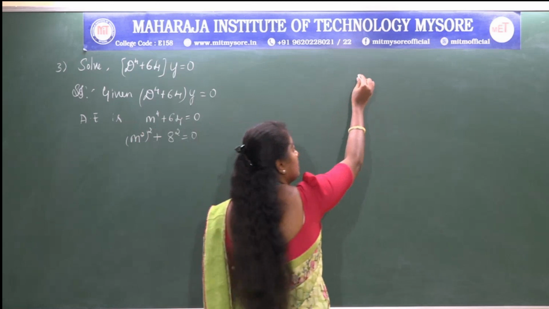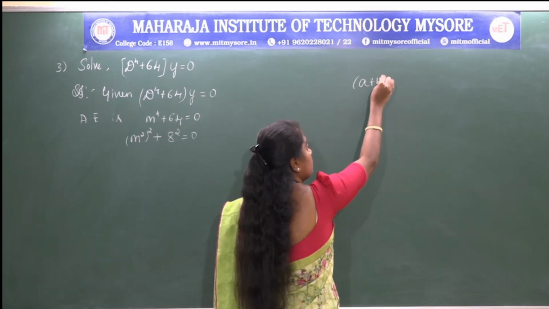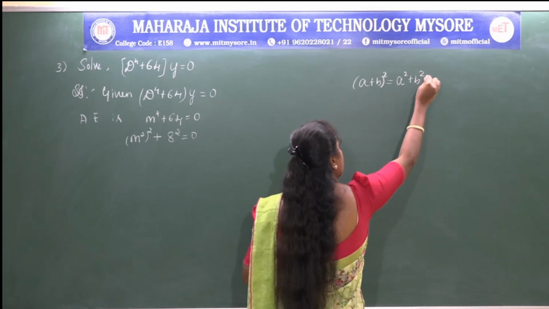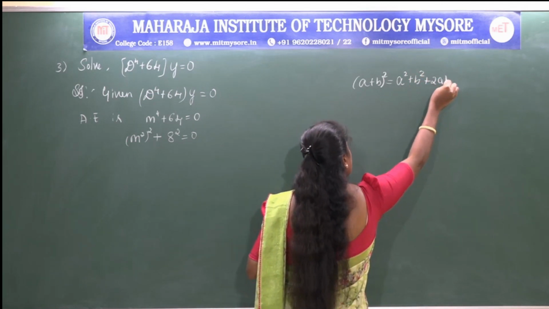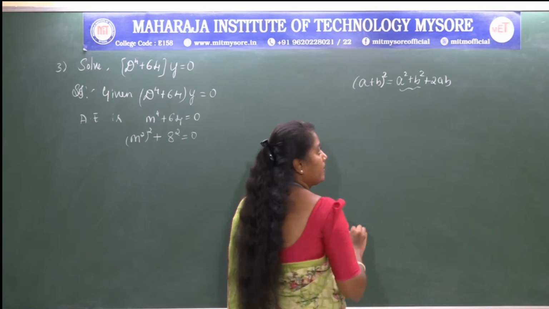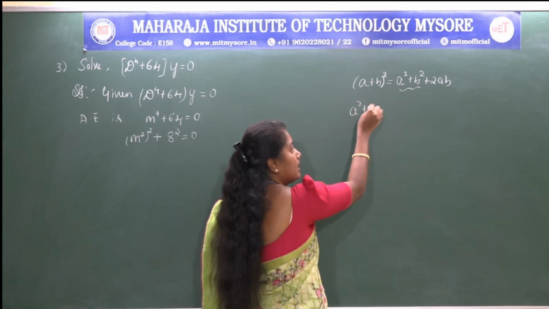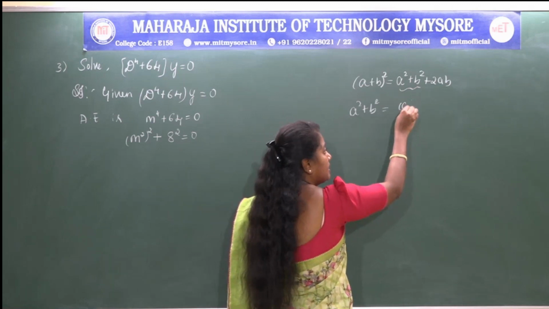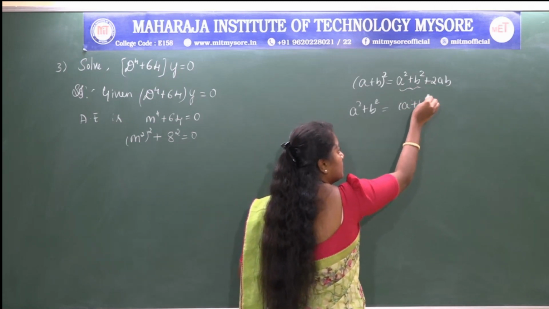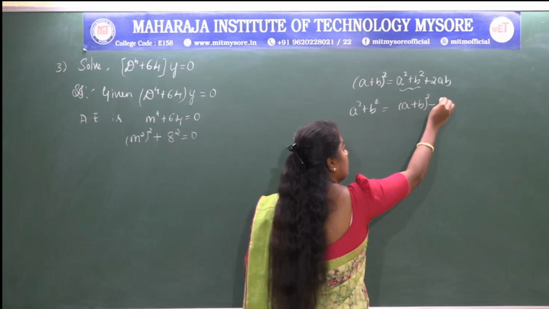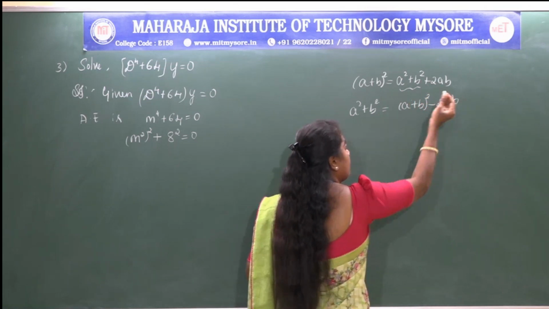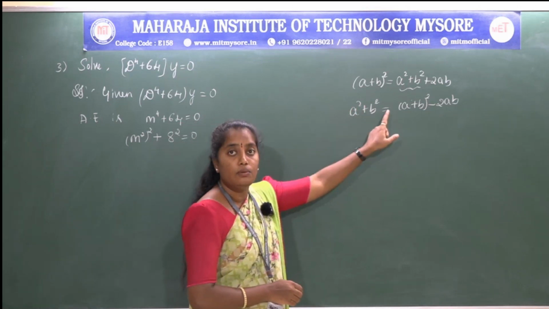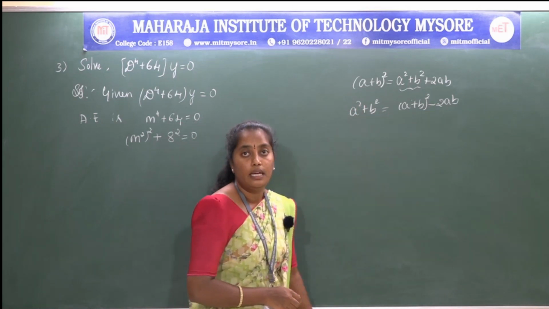Hence from the result, a plus b whole square is equal to a square plus b square plus 2ab. From this, the value of a square plus b square is equal to a plus b whole square, shifting this one element, minus 2ab.